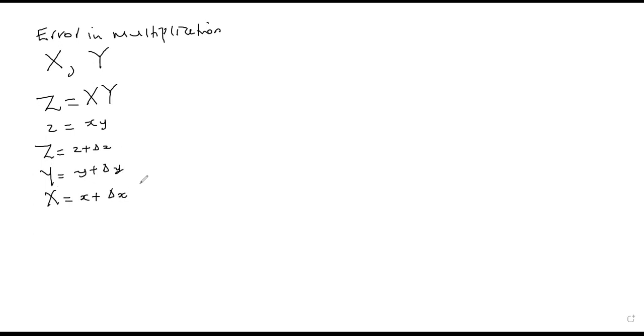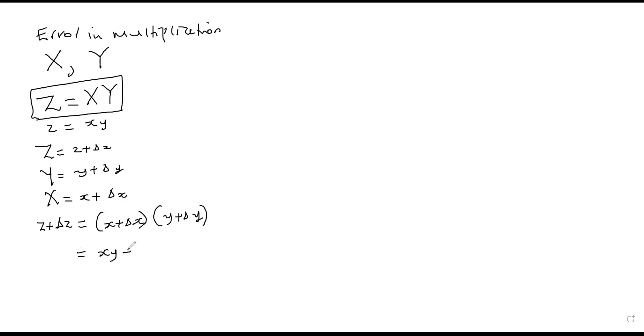Now, looking at all this, it would mean that our z, we are going to substitute into this. Our z, which is z plus delta z, is equal to x plus delta x times y plus delta y. So we are going to expand. This is xy plus x delta y plus y delta x, then plus delta x delta y.